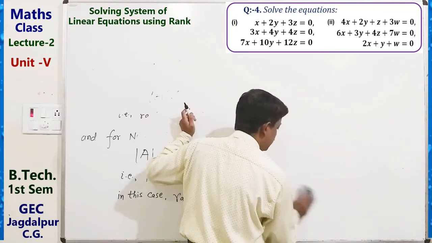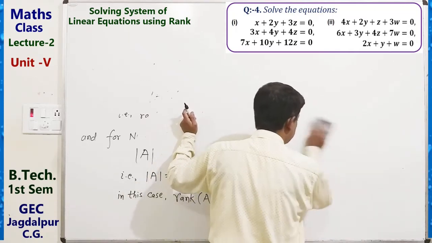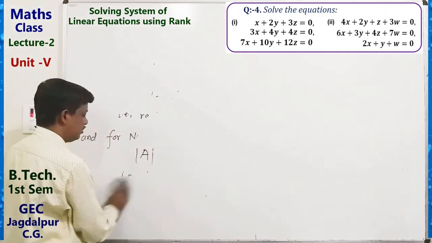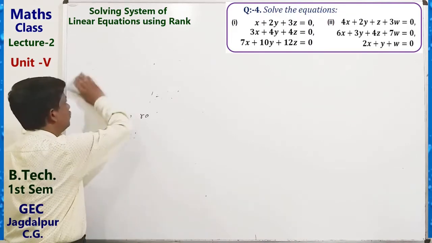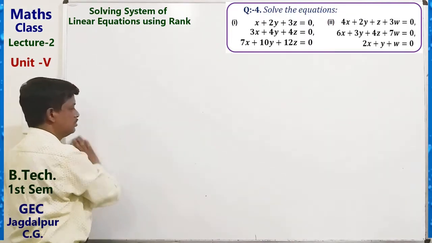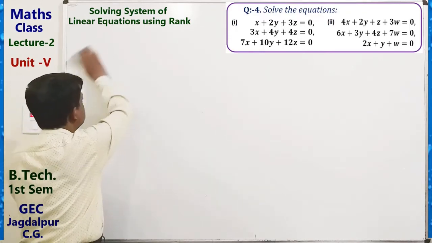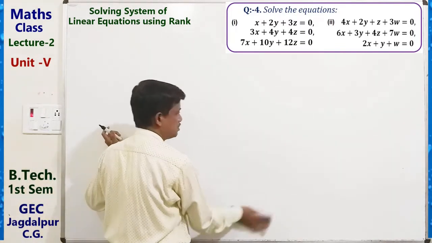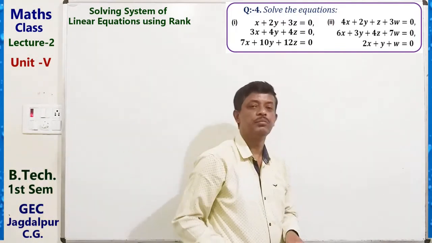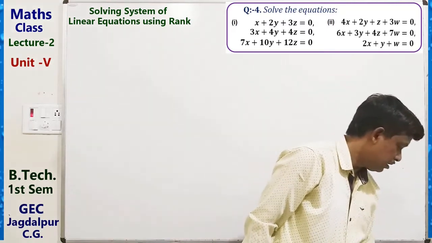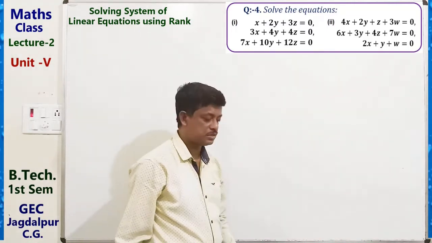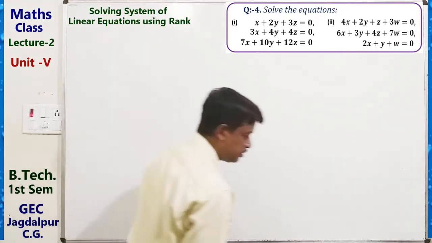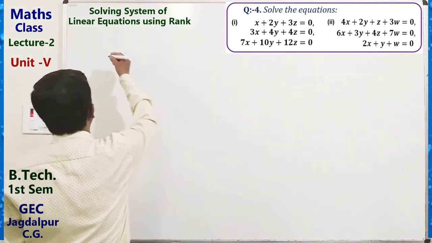So for finding the rank of both, we require only the rank of the coefficient matrix. For that, we just have to reduce the coefficient matrix to an upper triangular matrix. So the first system is given. Solve the equations. Here the coefficient matrix is 1, 2, 3, 3, 4, 4. Solution.